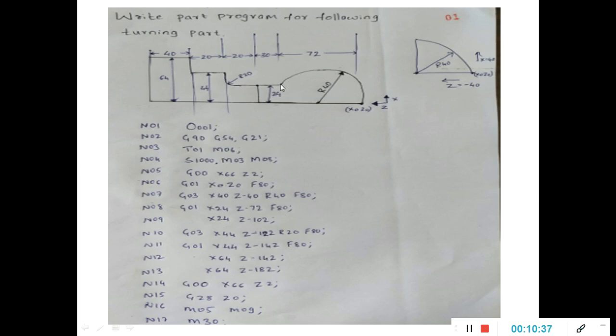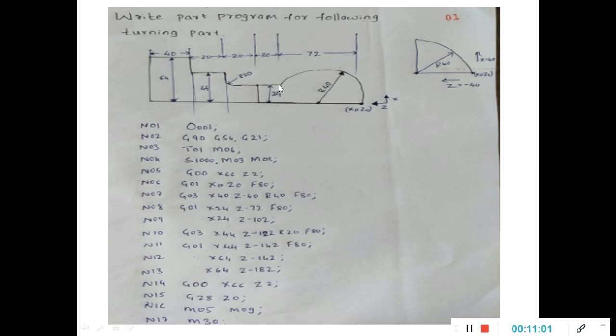Okay, again from this point to this point, the tool should be moved. Now this is linear interpolation, right? Linear interpolation is nothing but G01. So if it is G01, there is no need to write the G01 here. I have already mentioned the G01. If you only write the coordinates, the machine will easily understand that it belongs to G01.